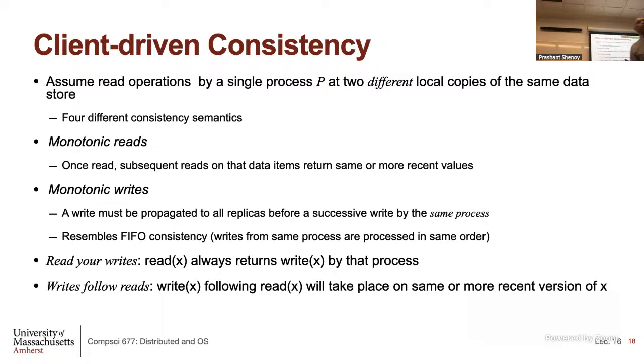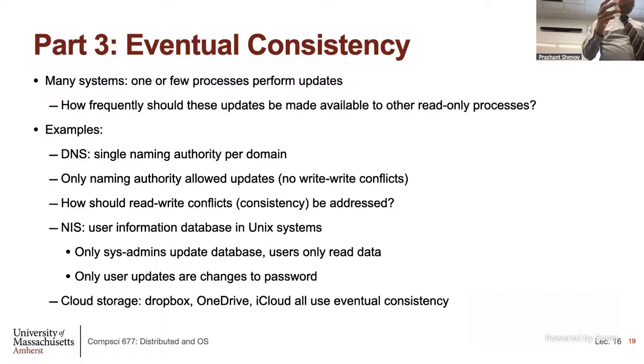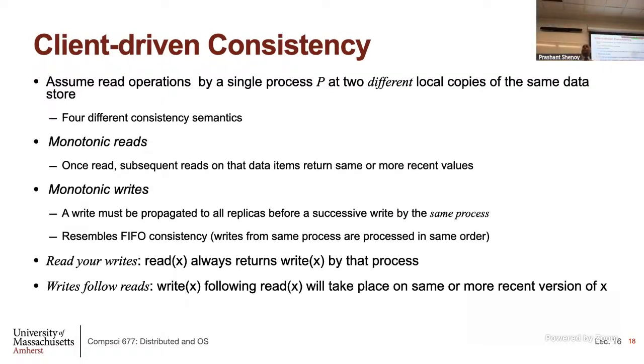So what this says is if there is a client machine, a laptop, say, I'm going to show you. Let's say there is a laptop. It basically makes a read of some data item and it gets a copy. We will assume for the sake of argument the laptop moves to another location. Then it does another read, and potentially this time the result is returned from a different replica in the system.